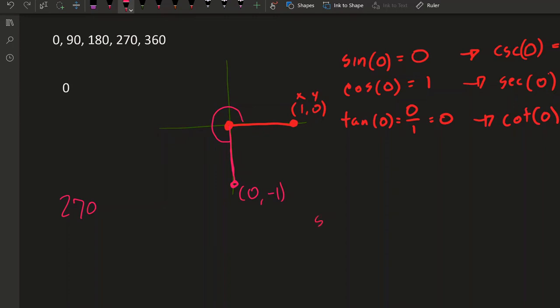So sine of 270 is going to be equal to the y value, which is -1. Cosine of 270 will be the x value, which is 0. And then tangent of 270 is the sine over the cosine, the y over the x, so -1 over 0, undefined.